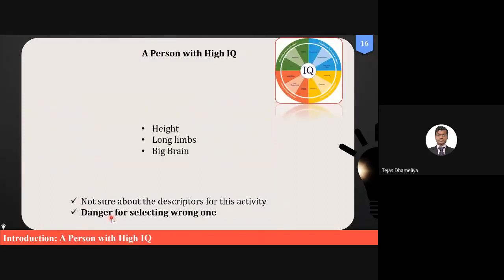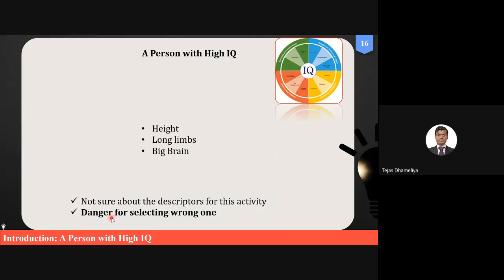A person with high IQ, I give this example just to illustrate that while selecting parameters for QSAR, we should select a proper parameter. Because if we go on working with a wrong parameter, we will end up with false positive results or wrong development of QSAR, right?